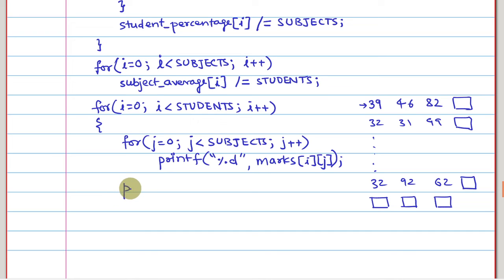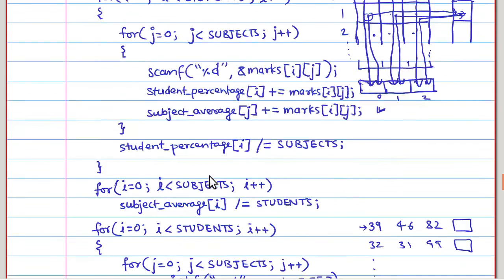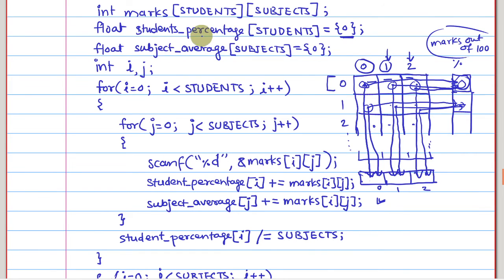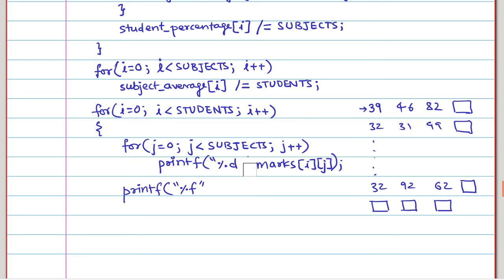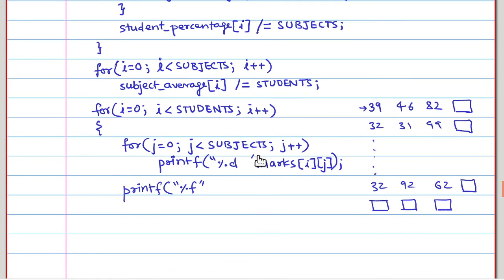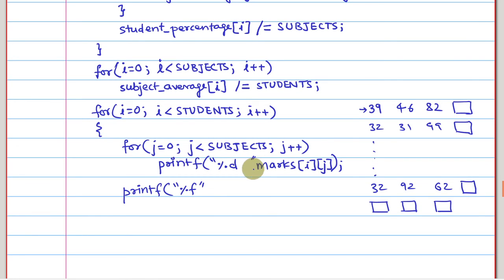Now let us print the percentage of that student. And if you remember, percentage is in float. We have used a float array for that, this float student percentage. So we will use percentage f. Also we should leave some space here, so that there is some space printed after the marks, right?